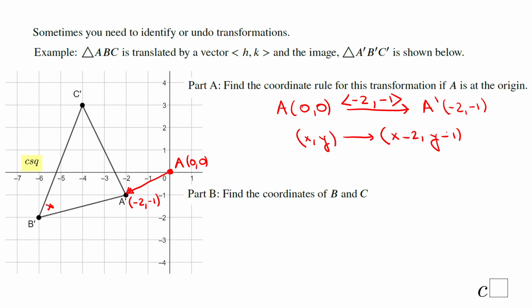Be familiar with both. Part B, find the coordinates of B and C. So B, I don't know what B is, but I know it was moved 2 left and 1 down, and B prime, if you take a look, this is B prime, and which will be what, -6 and -2, right?